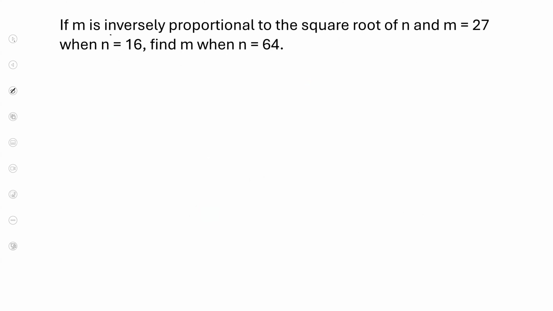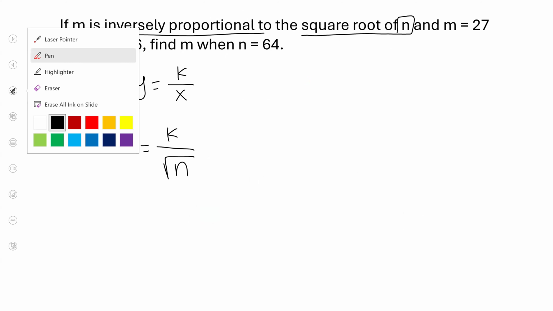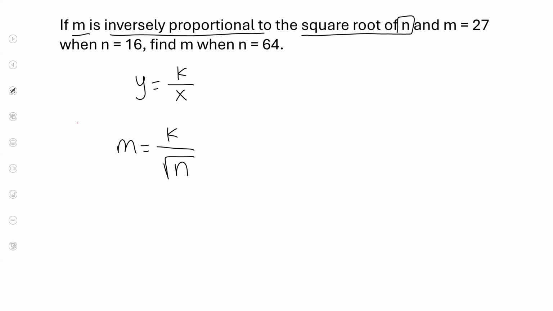Next, inversely proportional. This is the formula for inverse proportional. Okay, so it says M is inversely proportional to the square root of N. Okay, so now let's look at the details. M is 27.